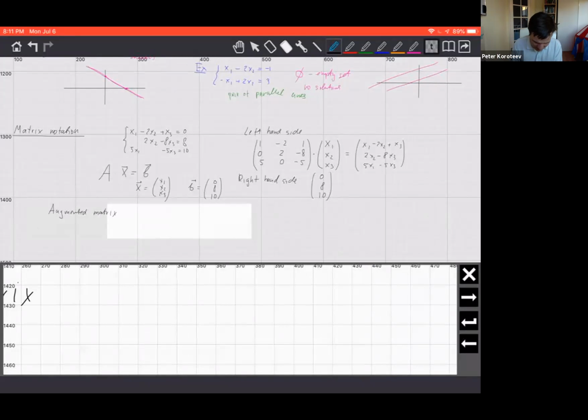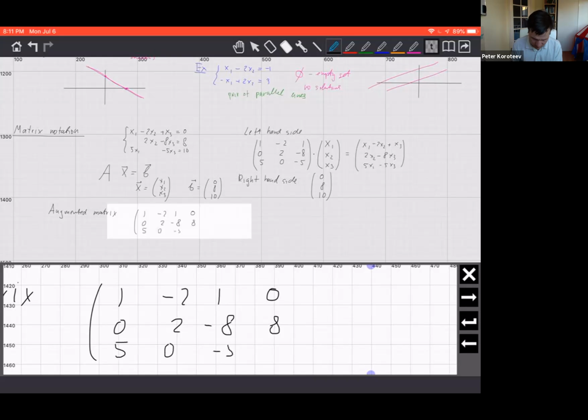So here the augmented matrix would look like this. It's 1, minus 2, 1, 0, 0, 2, minus 8, 8, and then 5, 0, minus 5, and 10. Right?